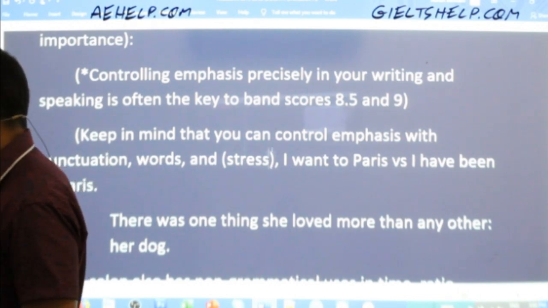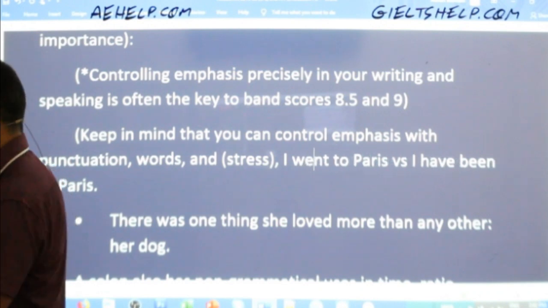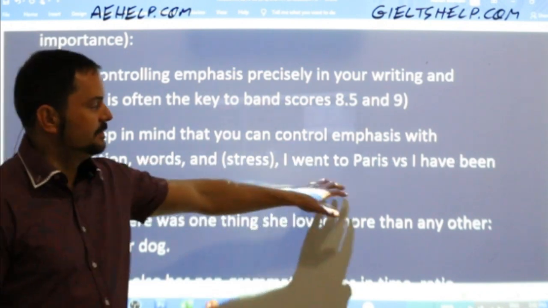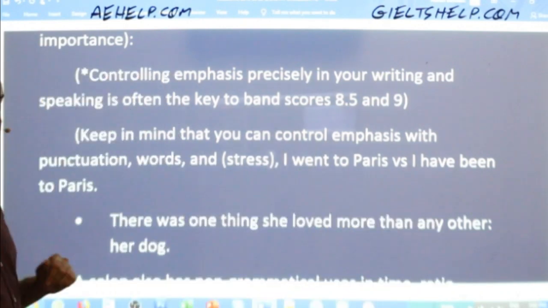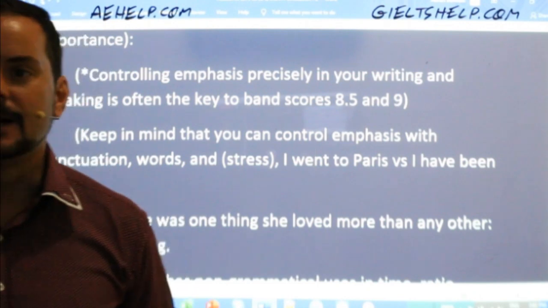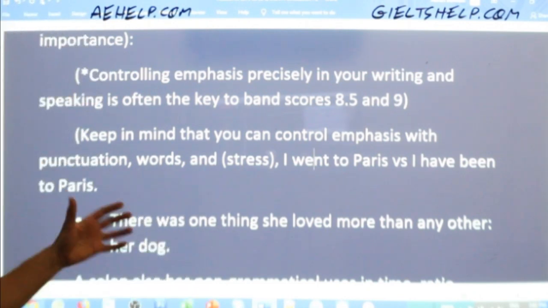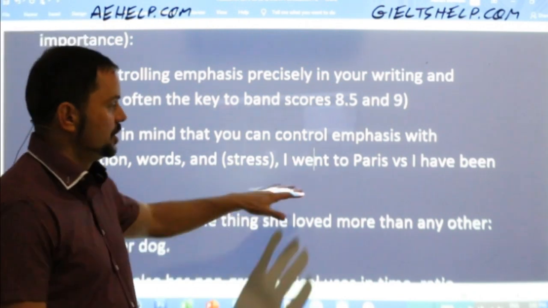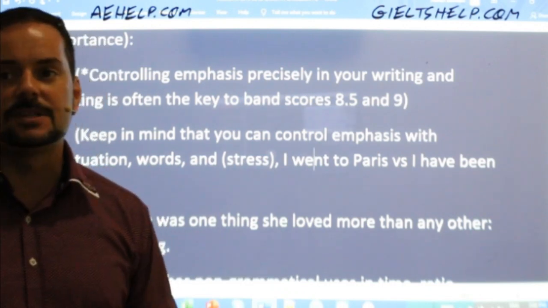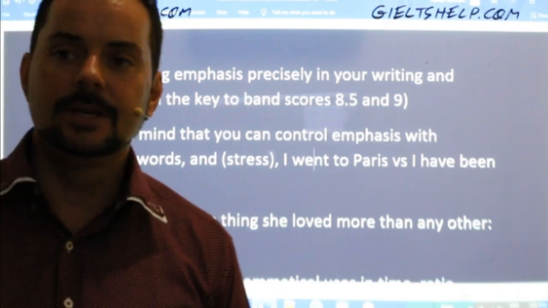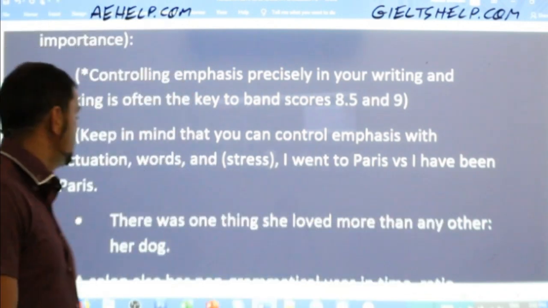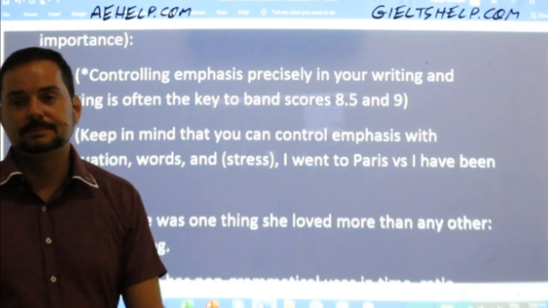That should be an E. There we go. I went to Paris versus I have been to Paris. How did I control emphasis? I'm not using different punctuation. Yes, some different words, but the words aren't the key here. What is the key to controlling my emphasis for the audience in my example here? I went to Paris versus I have been to Paris.